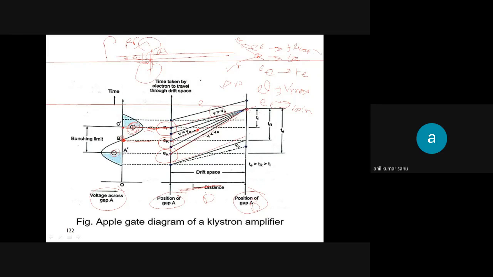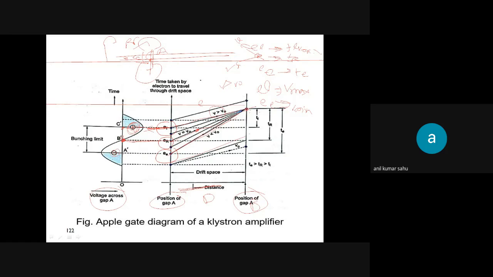So timing is fixed, but they need to reach the same place at this point. This electron is the early electron, meaning this electron was emitted at the starting time, before all these electrons. So if the electron is emitted early, we need to apply the negative field.